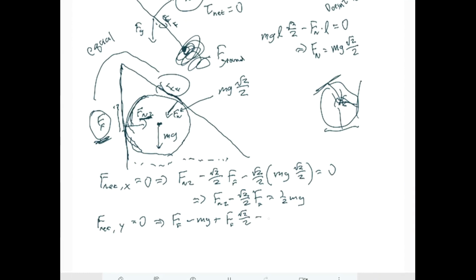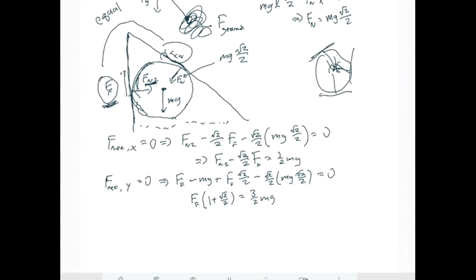And our normal force, which is downwards and at a 45-degree angle. So we have this. Okay, interesting. So after you simplify this, I believe you will get not normal force, but friction force times 1 plus root 2 over 2. And on the right-hand side, you should get 3/2 mg.